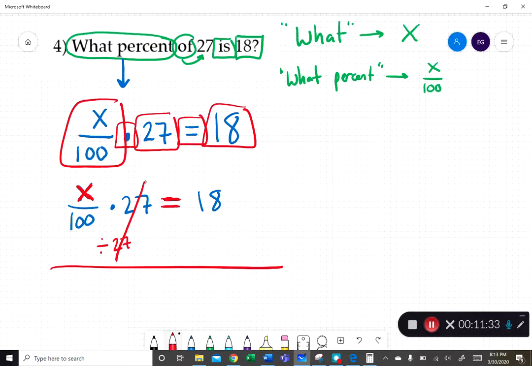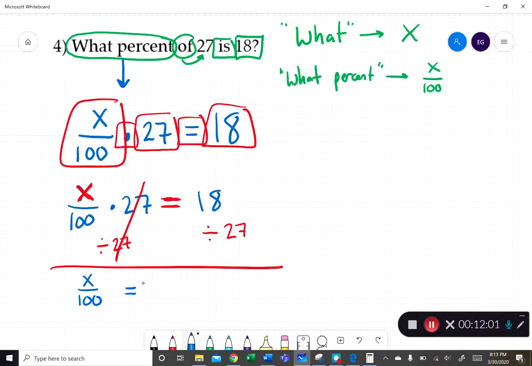Now, you can't change one side without changing the other side the same way. So we'll have to also divide the right-hand side by 27. And so on the left, we still have the x over 100, and we still have our equal sign. And on the right, we have 18 divided by 27.